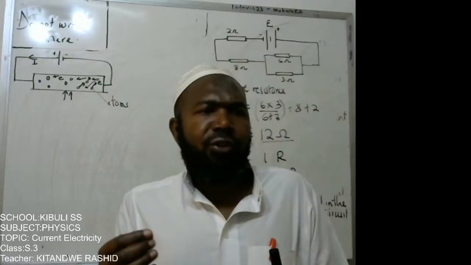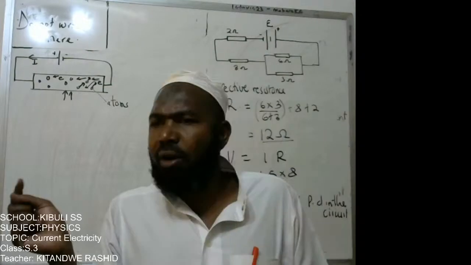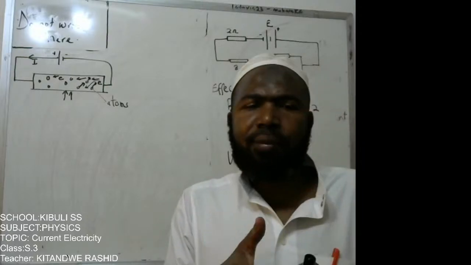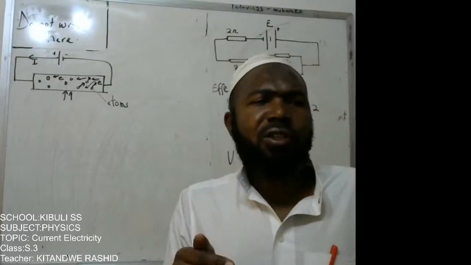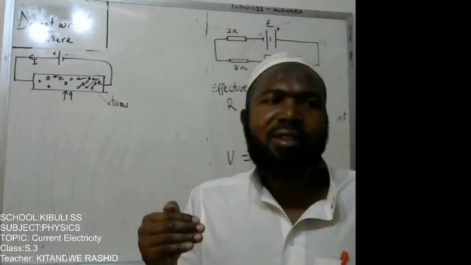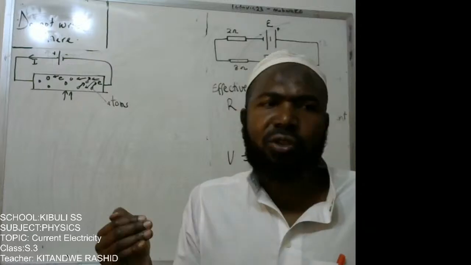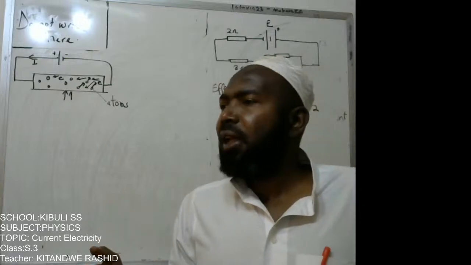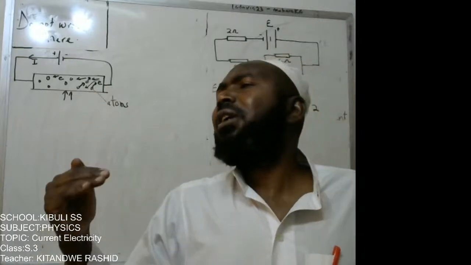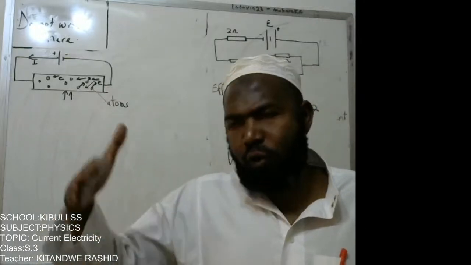And you know that the speed of flow of electrons is the current. So if the path is blocked, you reduce the speed with which these electrons are moving. Once the speed of electrons is reduced, it implies that current flow is reduced, and therefore resistance has increased. You have resisted current flow.